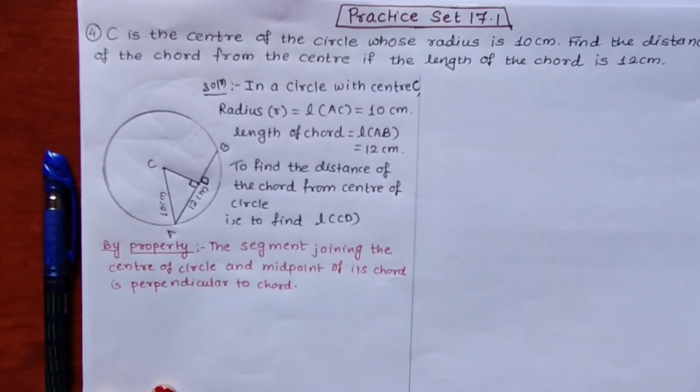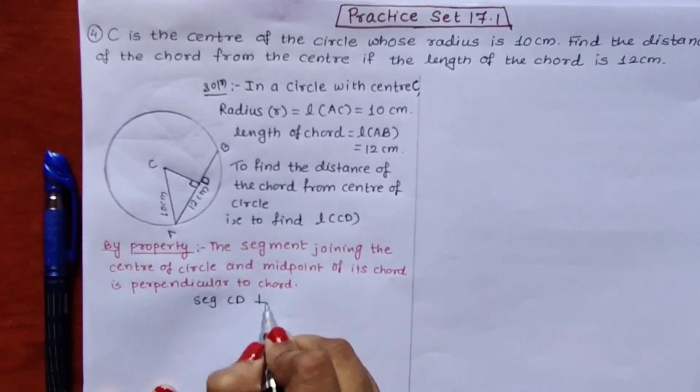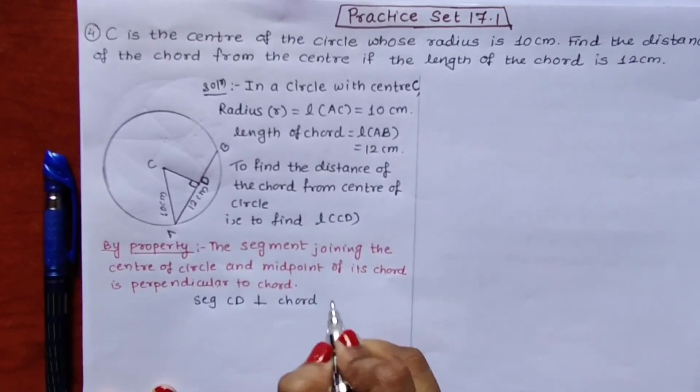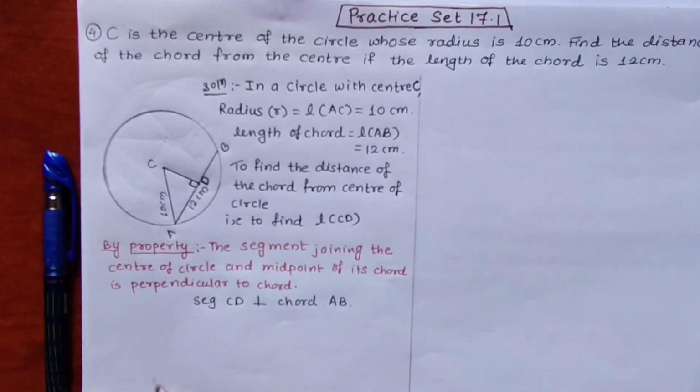That means what? Segment CD is perpendicular to chord AB. Correct? And what is the other property?